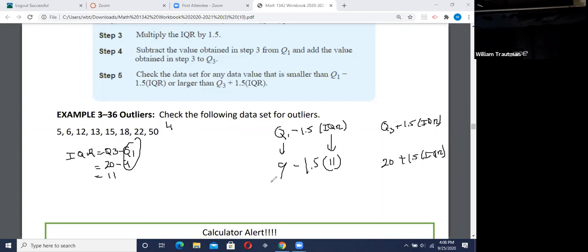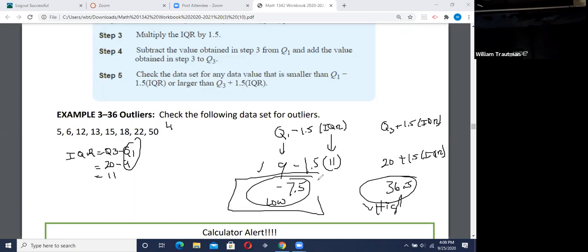So I'm going to put this into my calculator. 9 minus 1.5 times 11, and I get negative 7.5. Then when I put the other one in my calculator, 20 plus 1.5 times 11, I get 36.5. So this is the low end, and this is the high end.